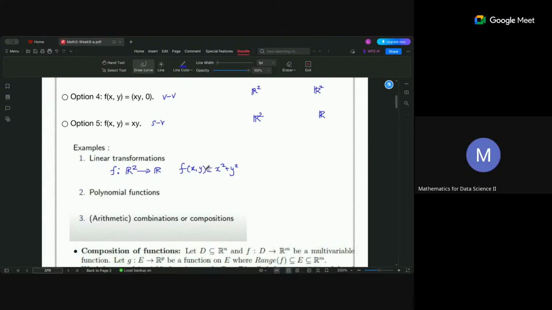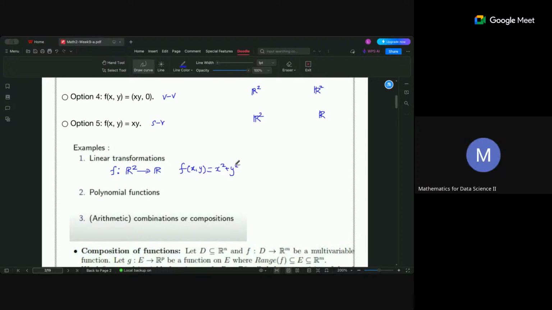See, using norm is a different thing. Inner product means you need two vectors; for norm, one vector is sufficient. But if you are taking it as a norm, then you would have to check so many things. Technically it would be a composite of a multivariable function. You are saying x squared plus y squared here, but will it be a linear transformation?